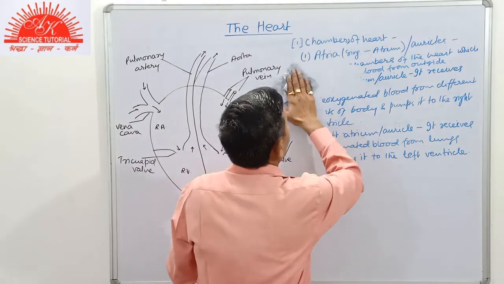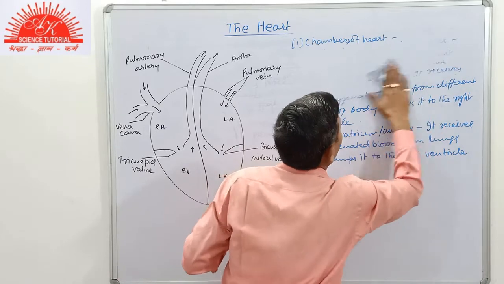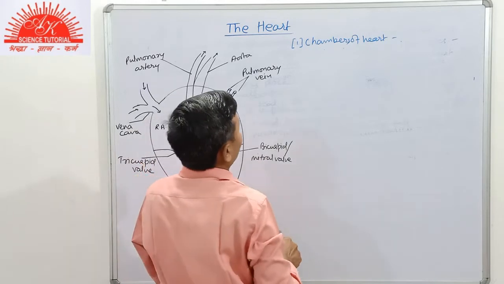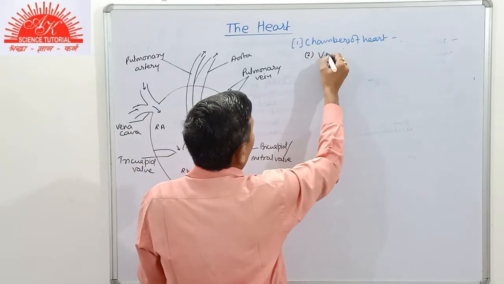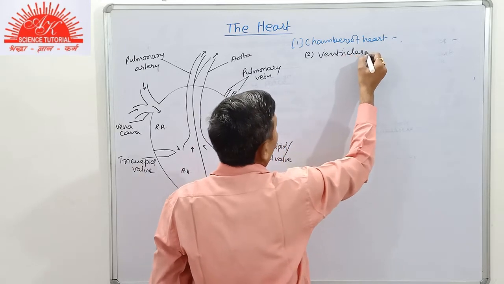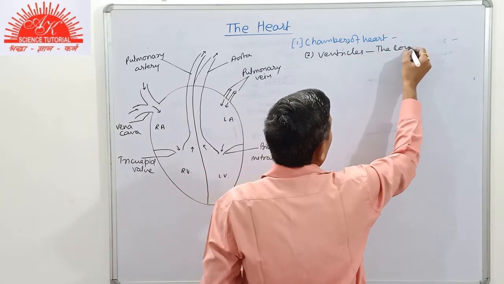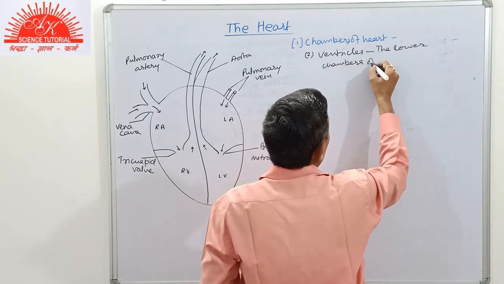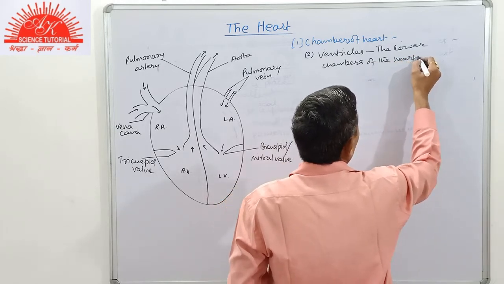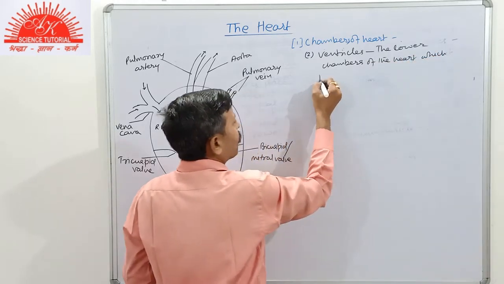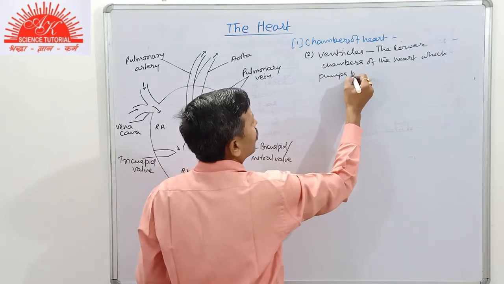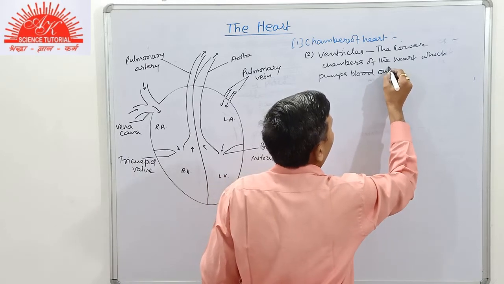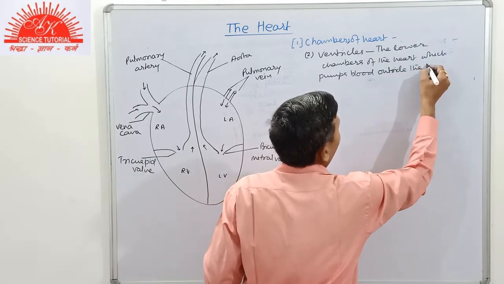Now the next part in the chambers of the heart is the ventricles. That is the second part, ventricles. The lower chambers of the heart, which pump blood outside the heart.